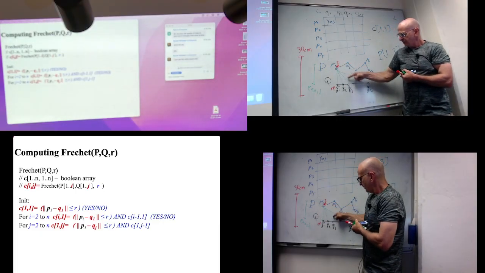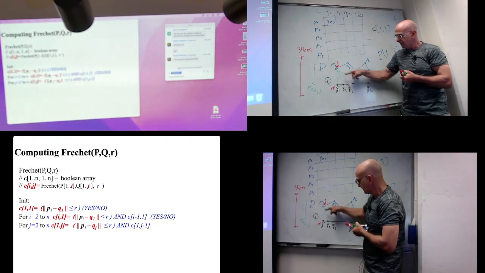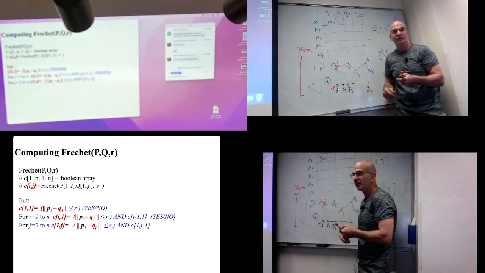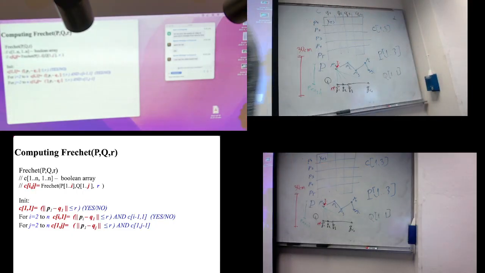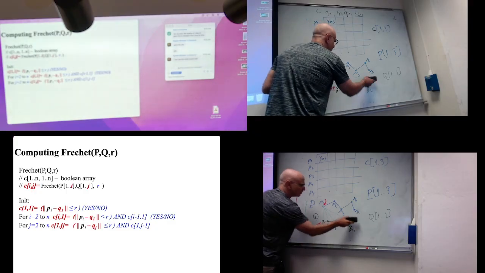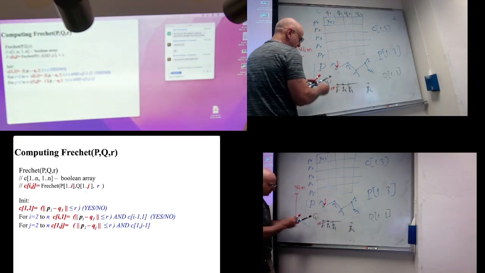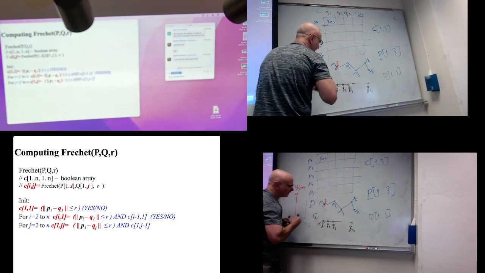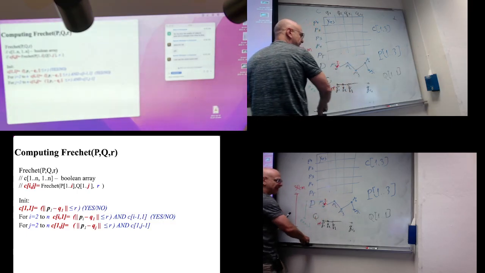So in particular, a necessary but not sufficient condition is that the distance from P1 to Q3 will be at most R. The dog that is stuck to Q1, and I'm looking at P31.